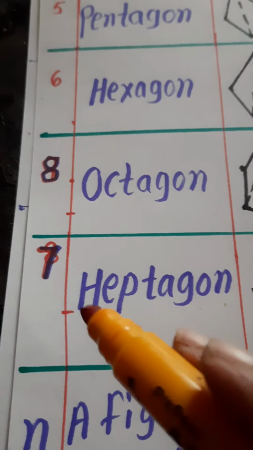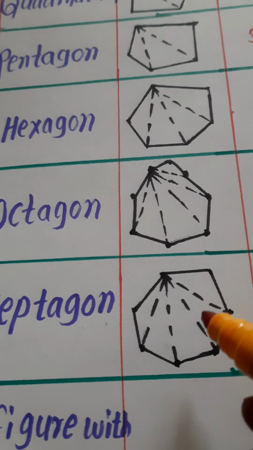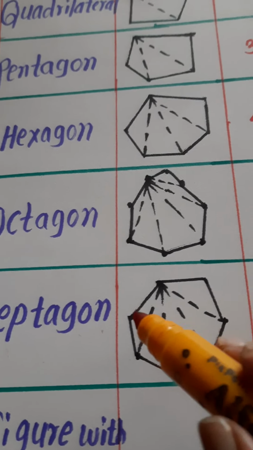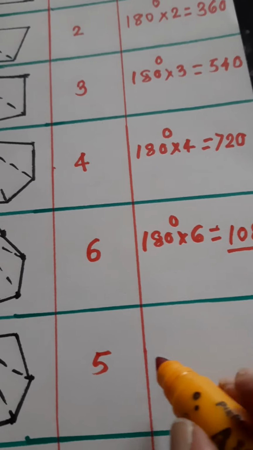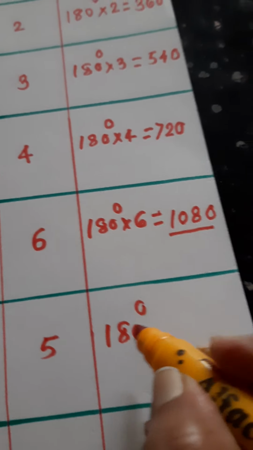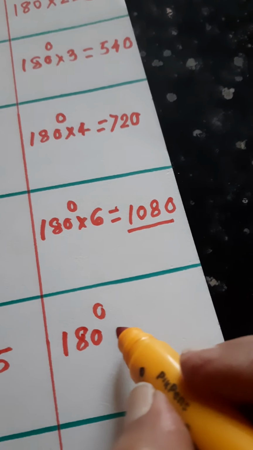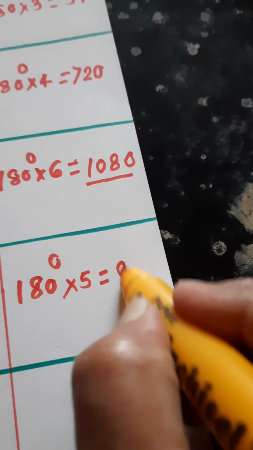Then heptagon that has 7 sides, and they make 1, 2, 3, 4, 5 triangles, and sum of interior angles is equal to 180 into 5, that is 900.